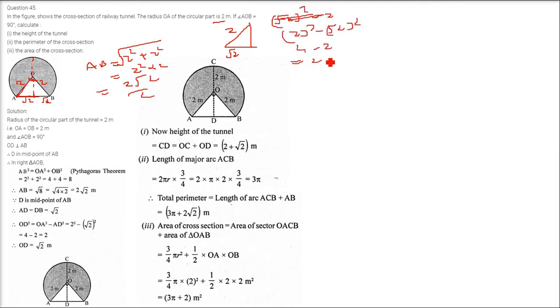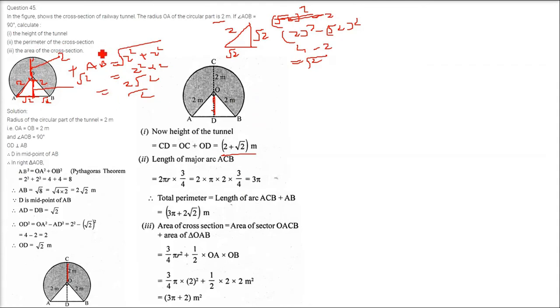So 4 minus 2 is 2, and the root will be root 2. So this one is root 2. This is 2 because it is a radius, and this we just found to be root 2. So the height will be 2 plus root 2.